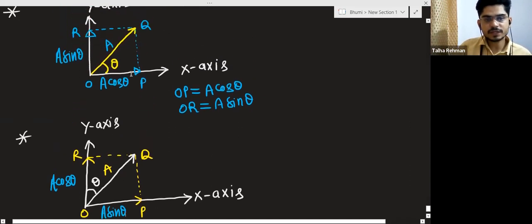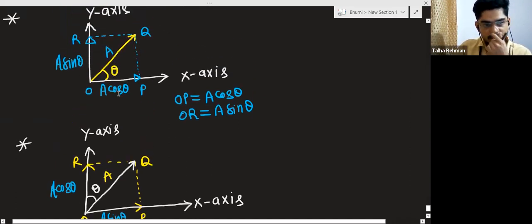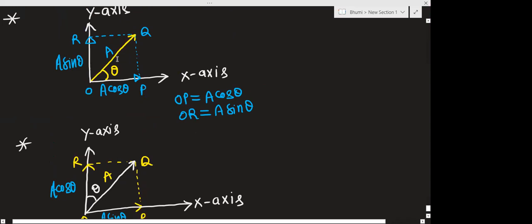Earlier we have seen this is A cos theta and this is A sin theta, means the one where theta is there, the angle, that becomes cos theta.